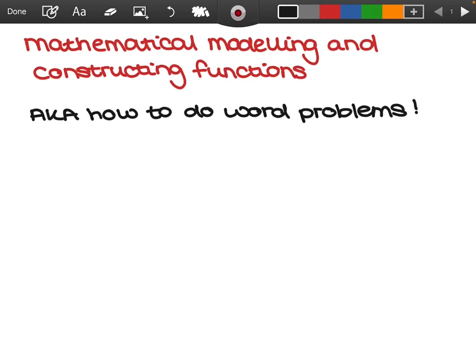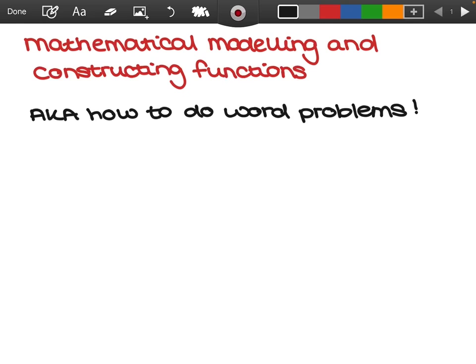Whenever you come across a word problem, there's a couple things that I want you to always do. First thing is anything that you don't know, so any kind of unknown that you have, assign a variable to it. So if you have the side of something that you don't know the length of, or a distance that you don't yet know, assign a variable to it.